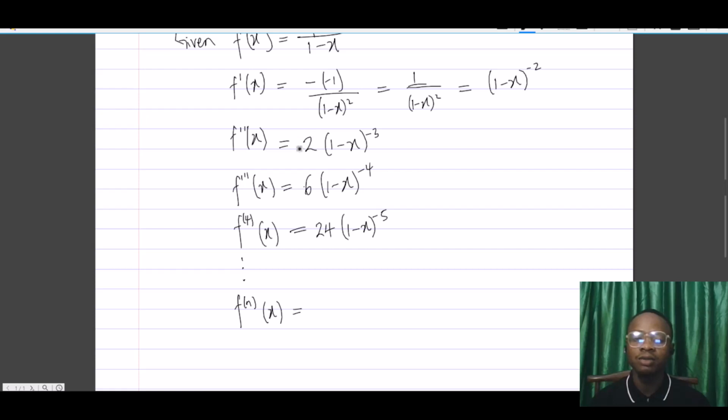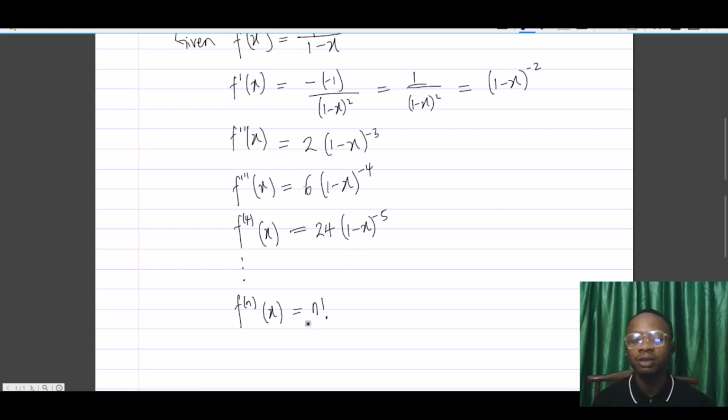This is 2, which you can call 2 factorial. This is 6, which is 3 factorial. This is 24, which is 4 factorial. The next one will be 24 times 5, which is 5 factorial. So basically, this is going to be n factorial, then multiplied by this.